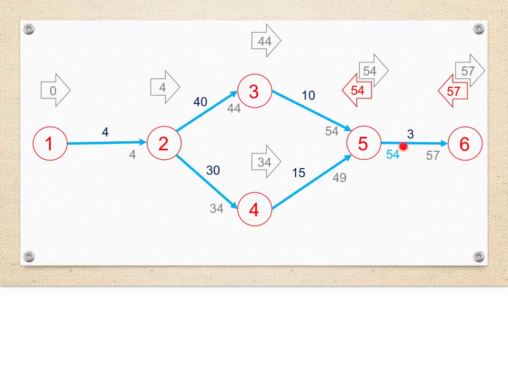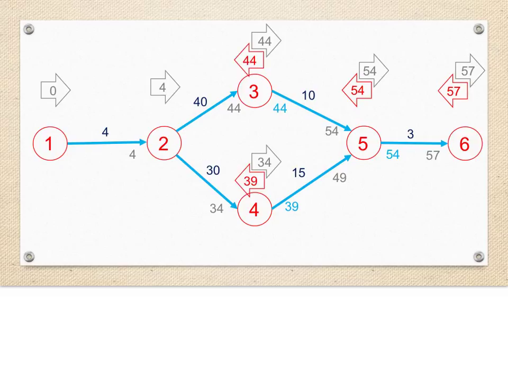This value then becomes the latest finish time of event 5, 54 days. We subtract the 10 and 15 days from the 54 days to get latest start times of 44 days for task 3.5 and 39 days for task 4.5.